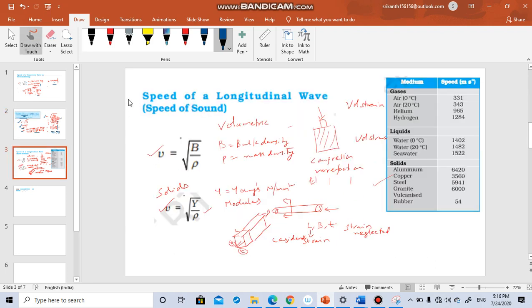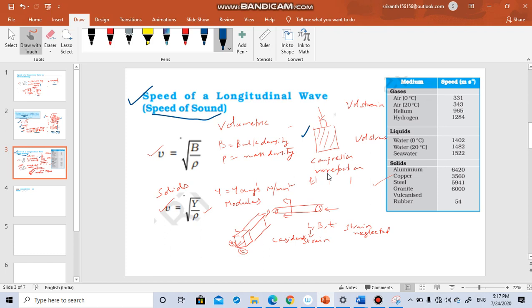Let's next move to the speed of a longitudinal wave. Sound wave is a longitudinal wave. I told you an example where a piston is put on top of a vessel. You apply pressure on the piston, and there is air inside the container. The air will undergo compression and rarefaction.